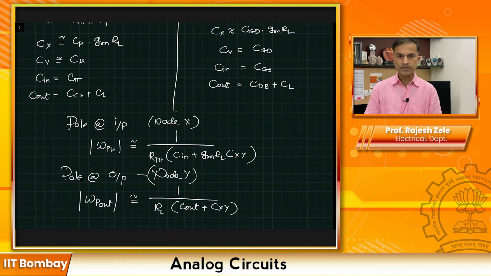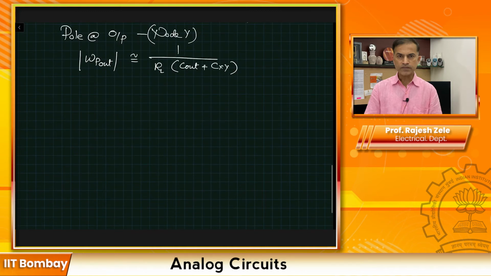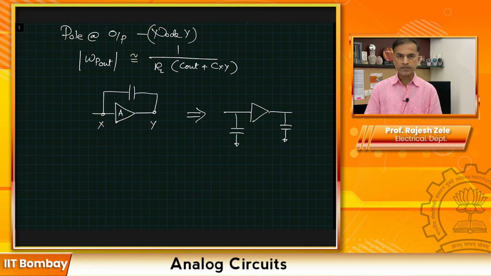I have done a numerical example in my notes. Please go through that carefully. I have given you numbers for a common emitter stage, and you can walk through the example by yourself as a practice problem. As I told you earlier, using the Miller effect, if you have a gain A and any kind of capacitance between X and Y across gain A, we convert that to a capacitance going to ground from each node.